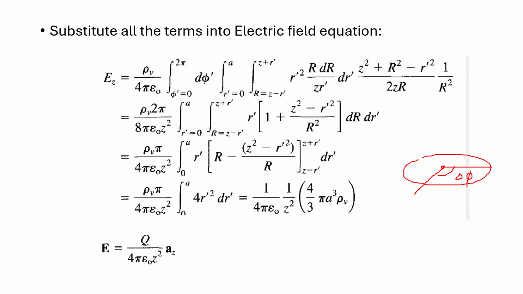Substitute the values because you want to get everything in terms of r. So you have r prime squared r dr over z r prime dr prime. Then for the cos alpha term, you have z squared plus r squared minus r prime squared over 2zr, times 1 over r squared.